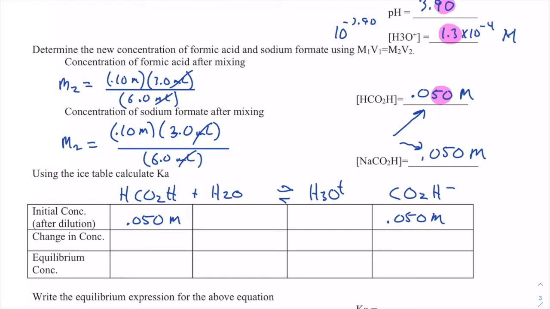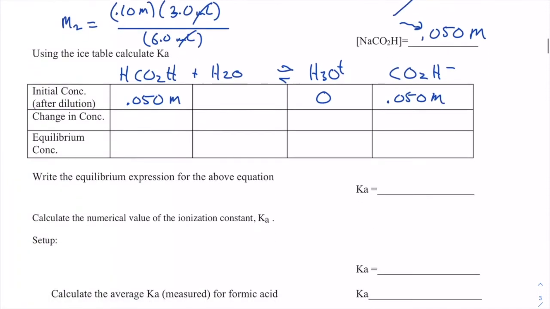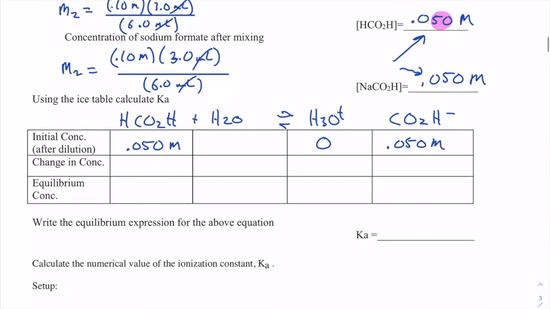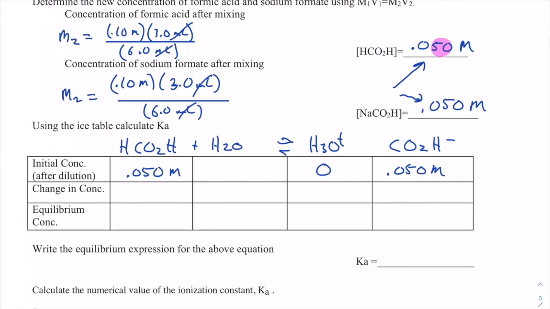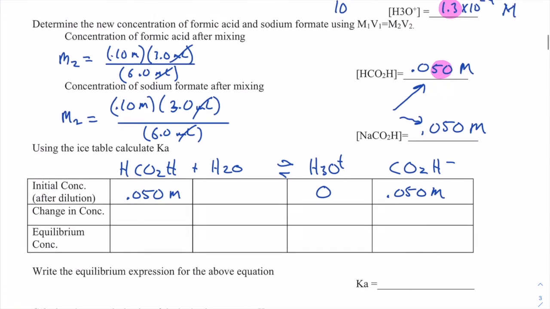Now what about hydronium? The hydronium is going to be 0 for mathematical purposes. Now is it ever 0? No. But for mathematical purposes, so that we can solve this, we're going to say it's 0. Equilibrium is reached so quickly. It's one of the fastest chemical reactions, the transfer of a proton.